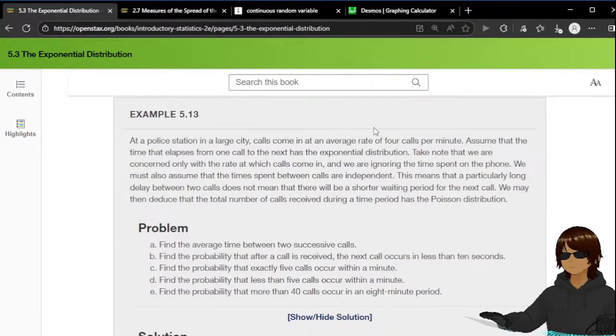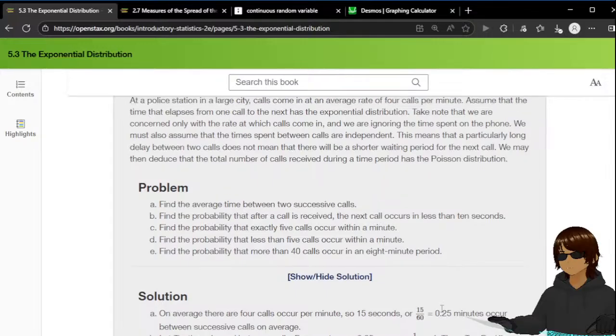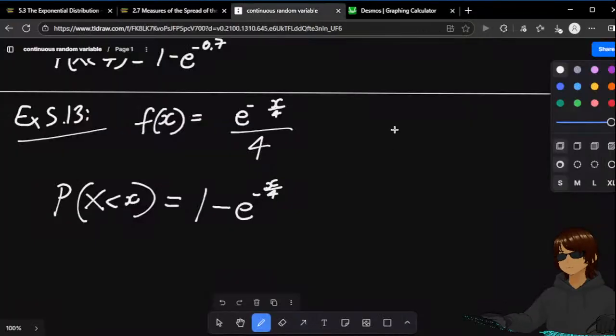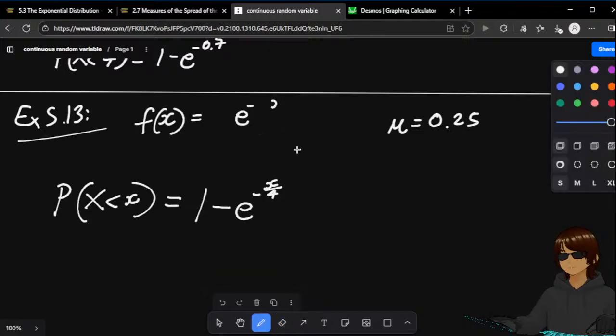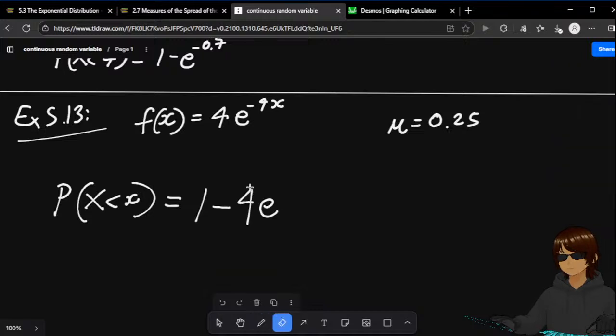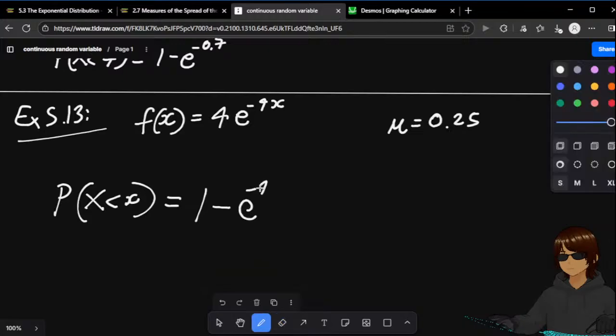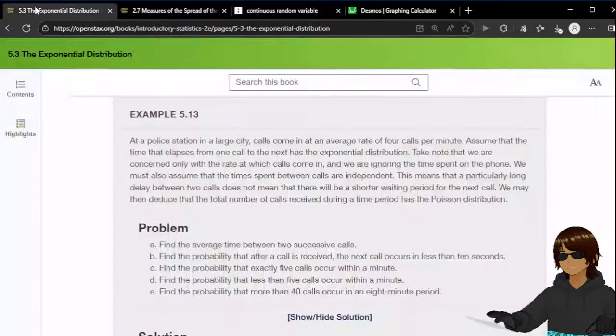I think the average time between two successive calls, which we found is 0.25, is our average. Mu is 0.25. That means m is 4.